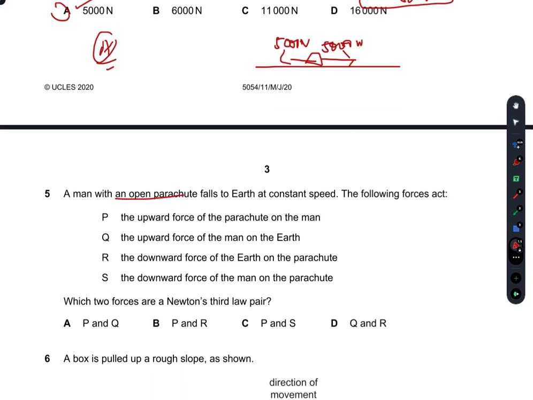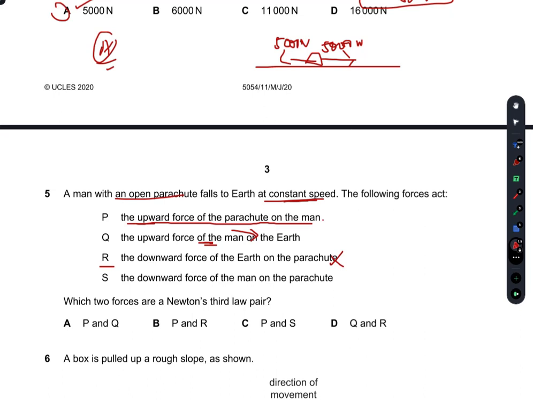A man with an open parachute falls to the earth at a constant speed. The following forces act. P is the upward force of the parachute on the man. Q is the upward force of the man on the earth. R is the downward force of the earth on the parachute. So I think the upward force of the parachute on the man and the downward force of the earth on the parachute are not a pair.